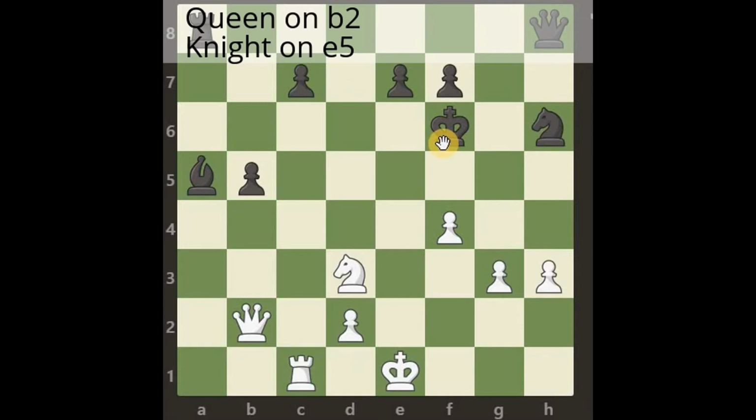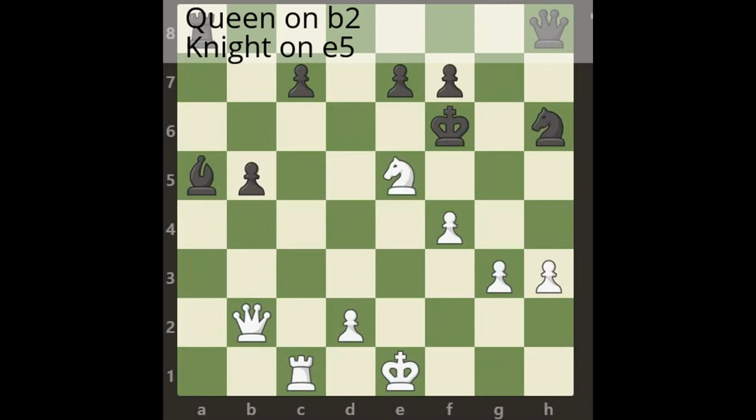So this is what a discovered check is, because here we are not directly giving a check to the king, but it is given a check by a piece which is unmasked by moving some other piece. Here in this case it was possible because the knight which was present in between the white's queen and black's king was moved to d3 square from e5 square.